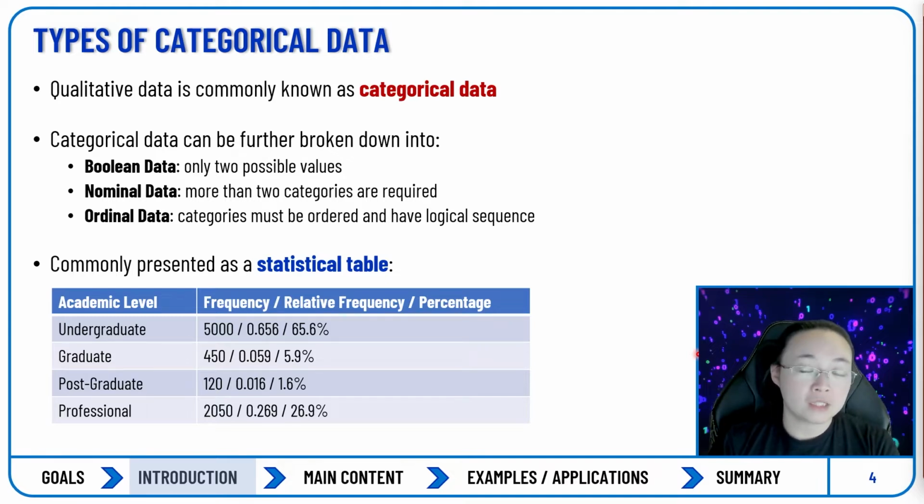But before we even get to the graphs, we need to understand what metrics we use to describe qualitative data. And so there are three metrics. There's frequency, relative frequency, and percentage. So all three types of metrics are going to measure how often your category shows up. So these metrics give us insight into which categories are the most popular and which ones are the least popular.